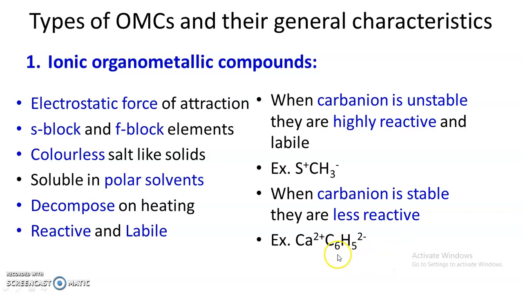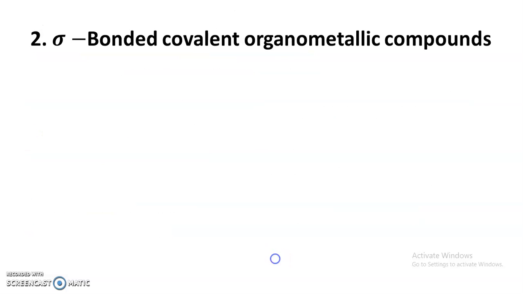For example, Ca2+ C6H5-. This organometallic compound formed by an alkaline earth metal is ionic and less reactive, because here the carbanion is stable and the resulting ionic organometallic compound is less reactive.